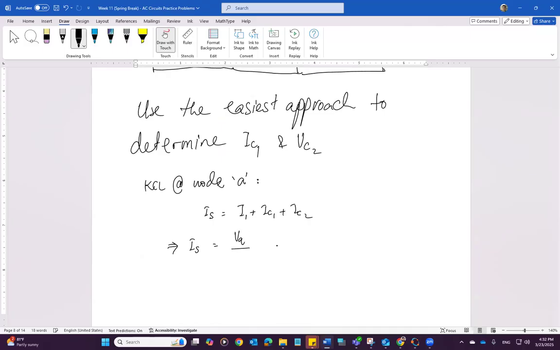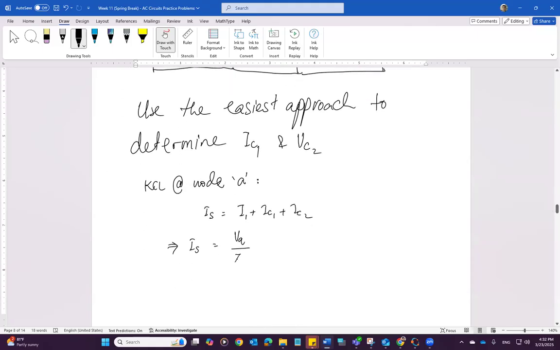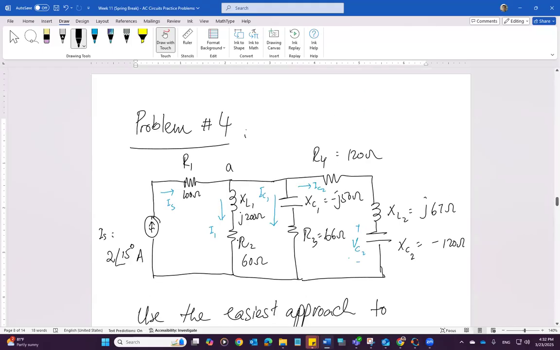And again, if I take the combination of resistors as Z1, this as Z2, and these three as Z3, then I can just do VA over Z1, VA over Z2, and VA over Z3. And then I can define those Z1, Z2, Z3 in my Octave.